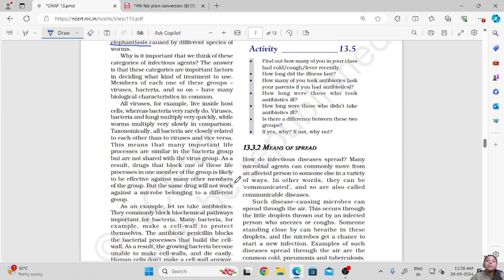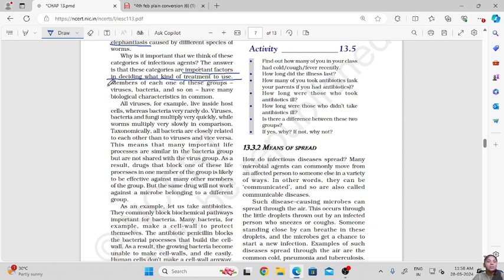Because these categories are important factors in deciding what kind of treatment to use. When some organisms have similar characteristics, a drug which can be used to treat one of the organisms could be useful to prevent the other organisms too.